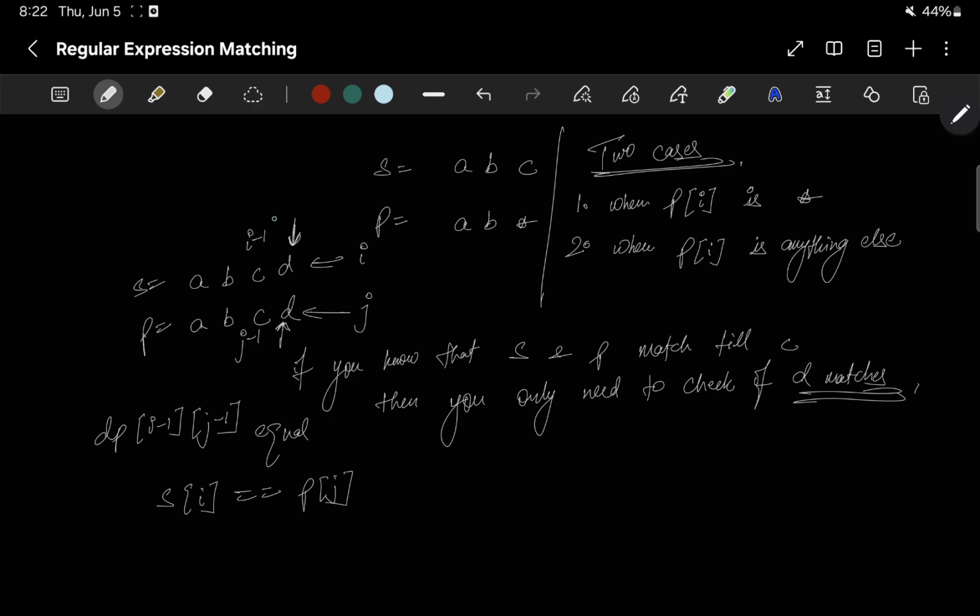It means if we know the answer till this point, till c, then we need to know if these d are equal or not. Either these characters are equal, or p of j is a dot. In both the cases, we know our answer.